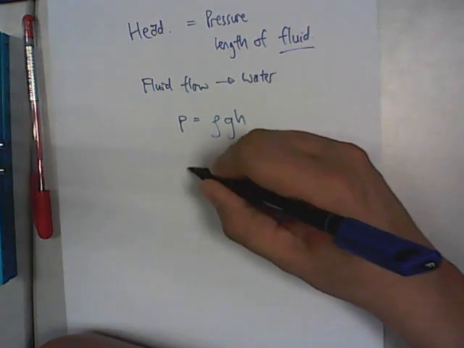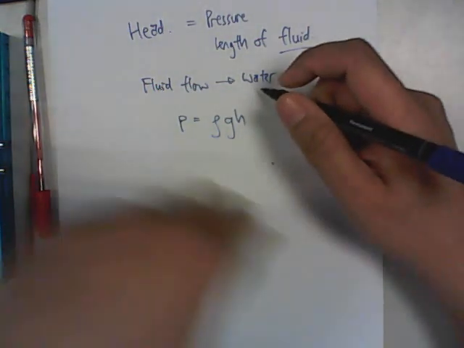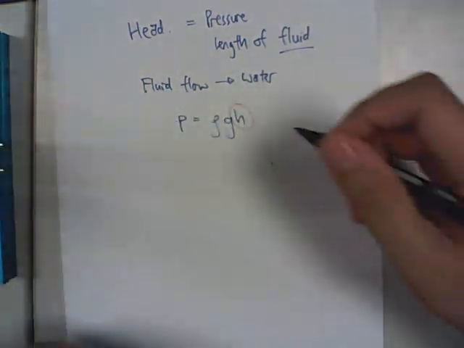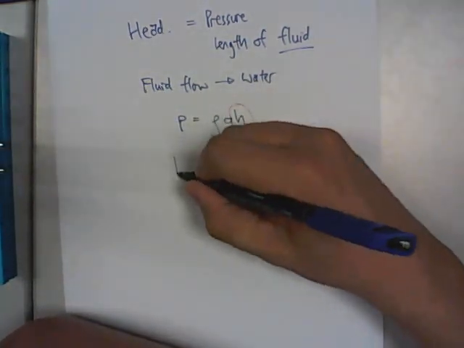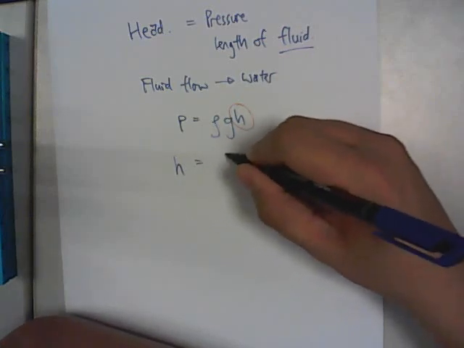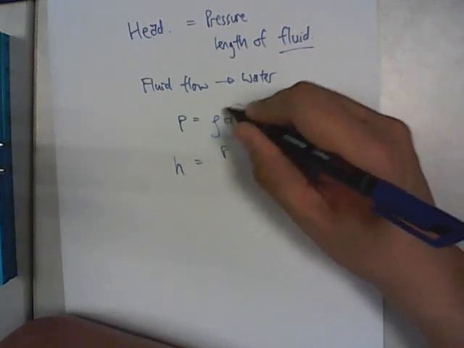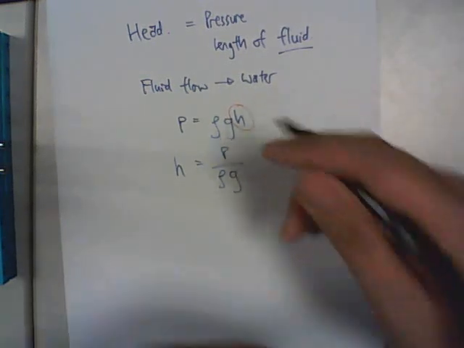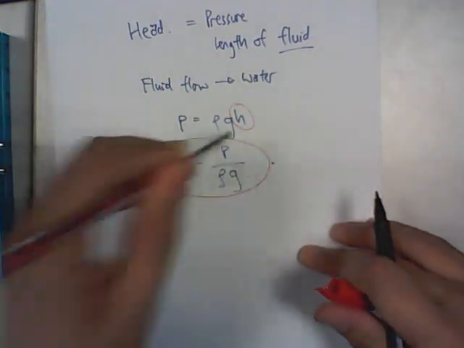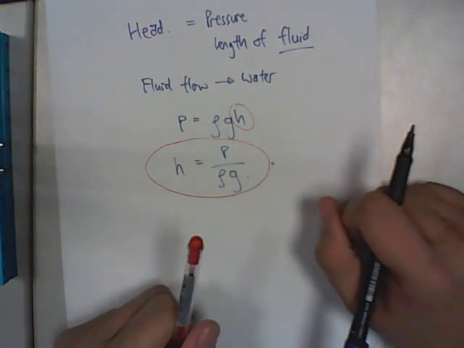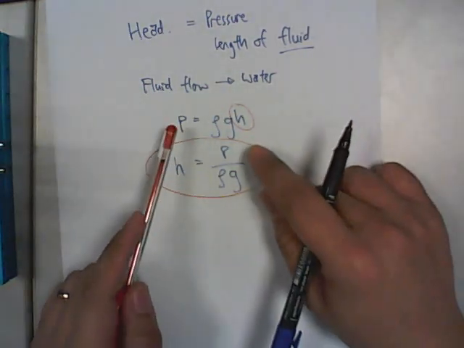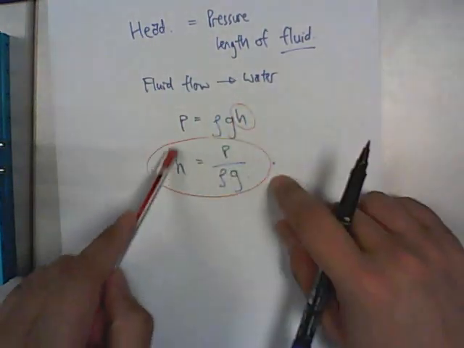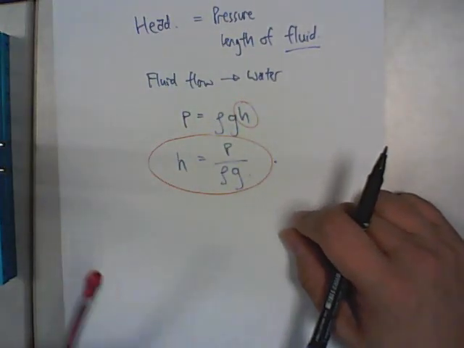And this certain height is the pressure head. From here you simply move the density and gravity over, you get P over rho g. So this is your pressure head equation. It can be used in all forms of pressure. So converting between pascals to meters of fluid, this is the equation that you use.